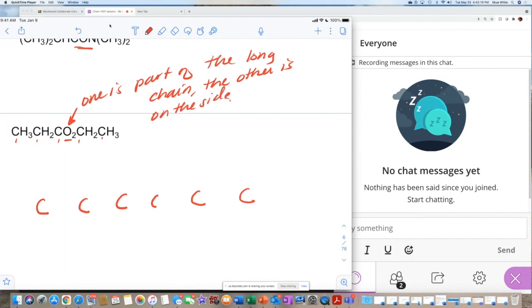Okay, so I'm going to put one of these oxygens here, the other one up here. They can't really all fit as part of that long chain. Plus we need to have a carbonyl carbon, right?